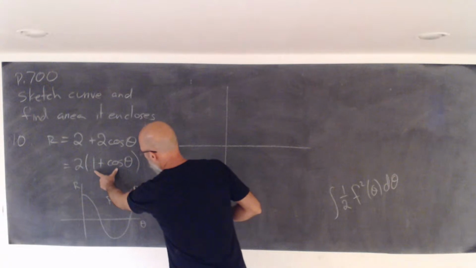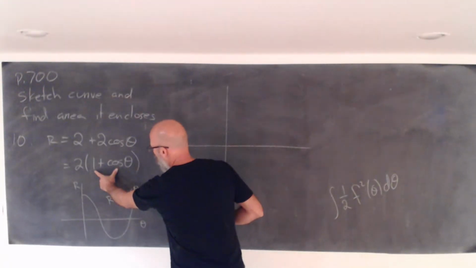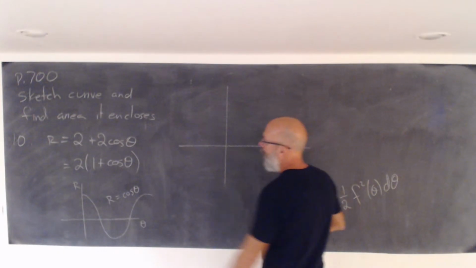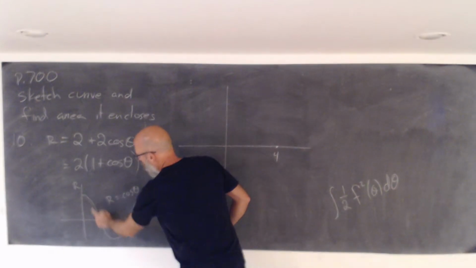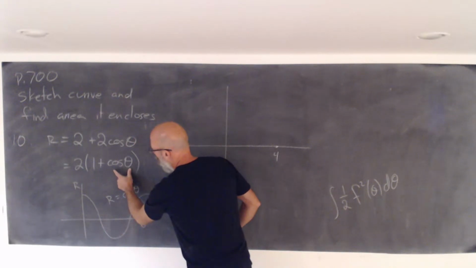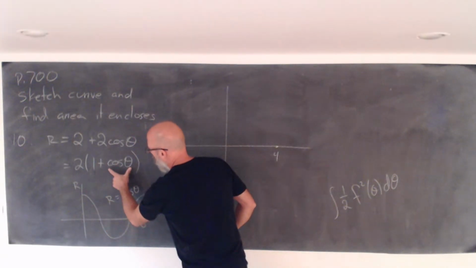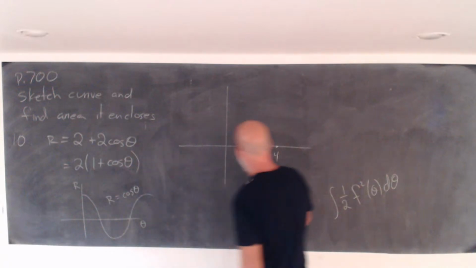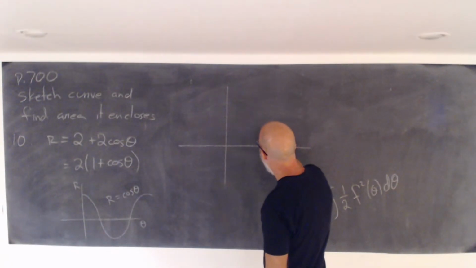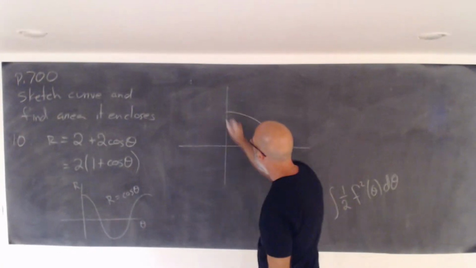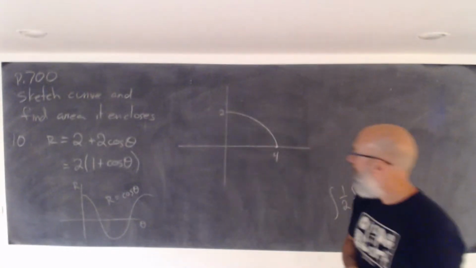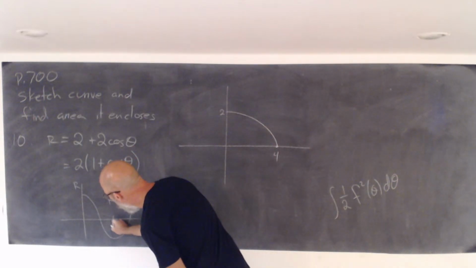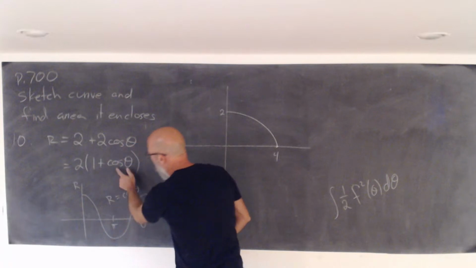This is going to start at 2 times 2, so it's going to start at 4. And cosine decreases all the way to 0 at pi over 2. So the whole thing goes down to 2 at pi over 2. And then it keeps decreasing down to -1 at pi.